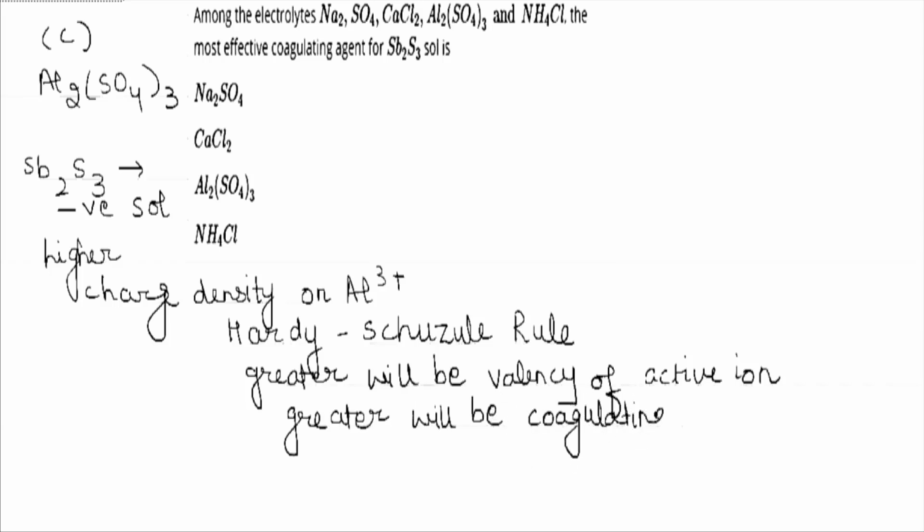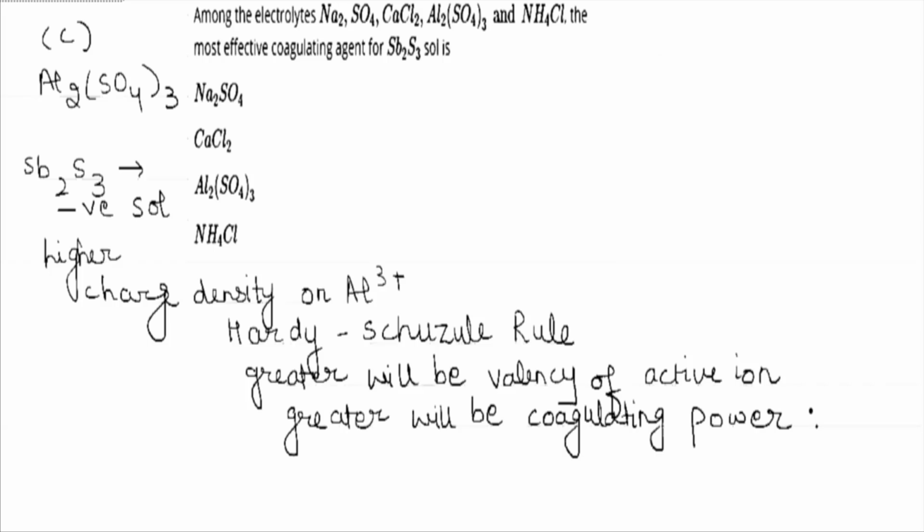According to the Hardy-Schulze rule, the ions carrying the charge opposite to that of the sol particles will be effective in causing coagulation of the sol. And secondly, the coagulating power of an electrolyte is directly proportional to the valency of the active ion.